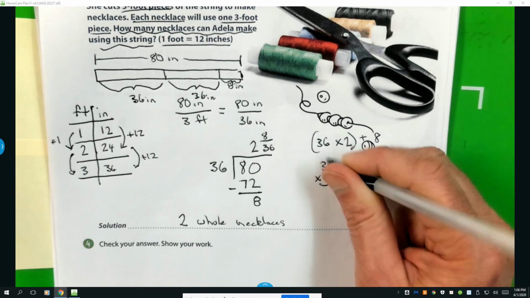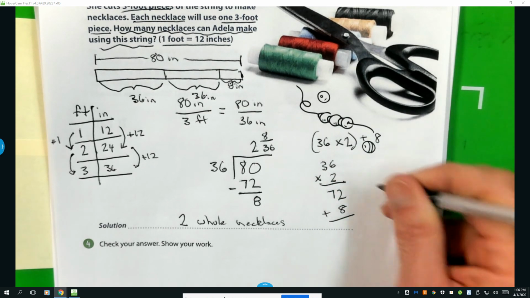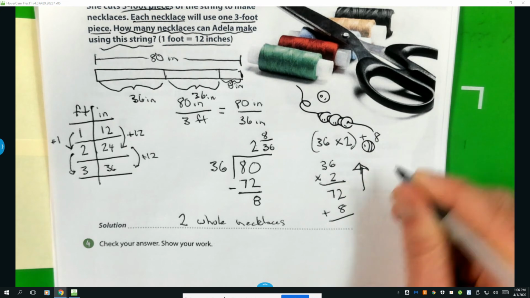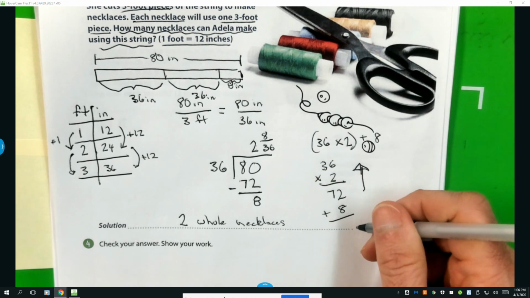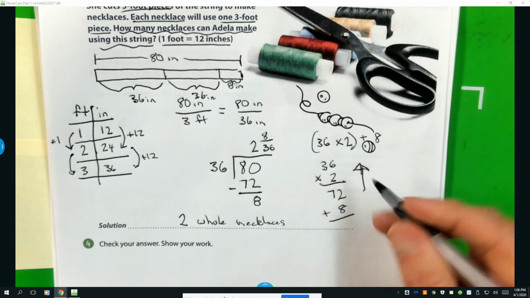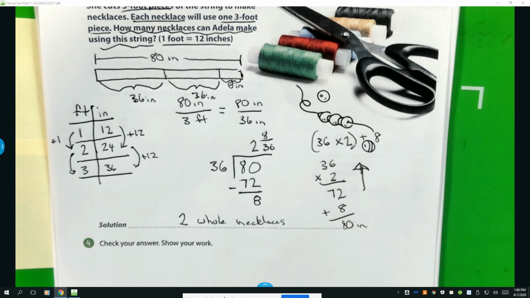So it's 36 times 2, 72, plus 8 more. So up here, algebraically, down here, just basically checking our math using a quick algorithm. 72 plus 8 is 80 inches. Check your answer, show your work.